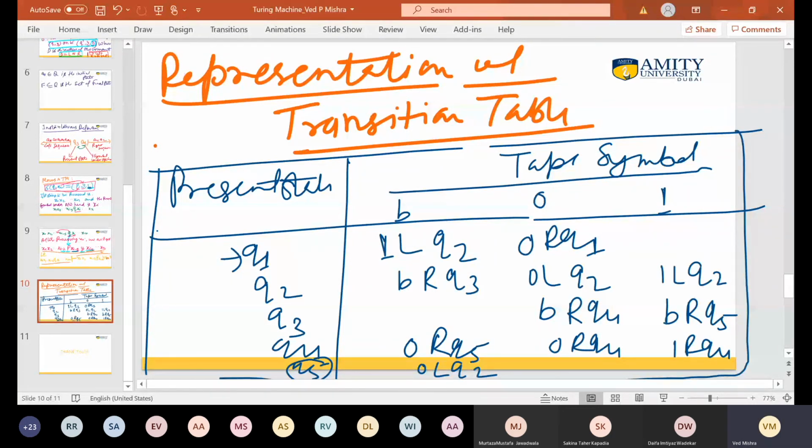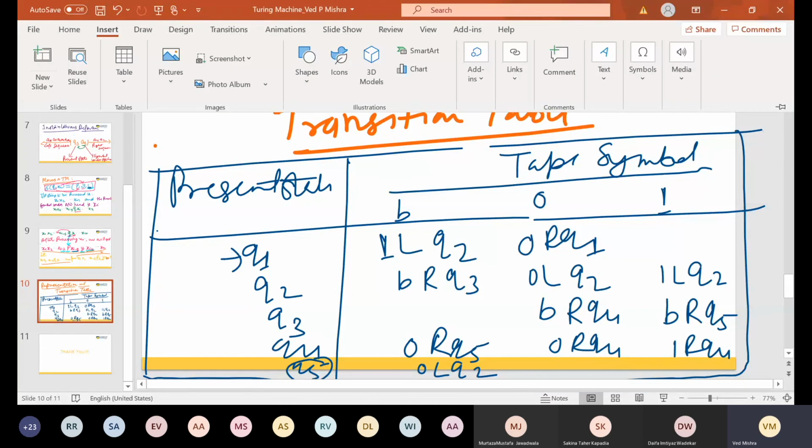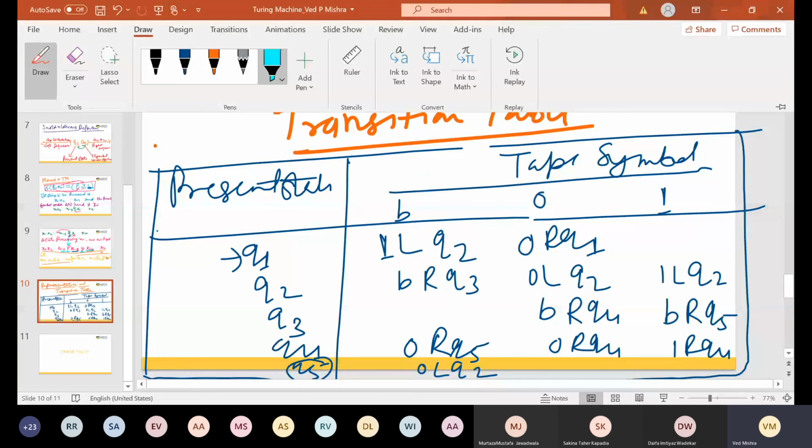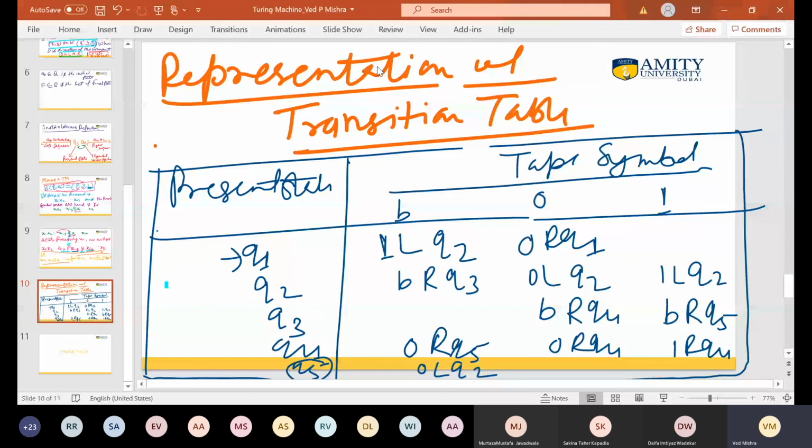Now the meaning of this is, I will explain with one state. You are taking Q1 as the present state. What is the input?